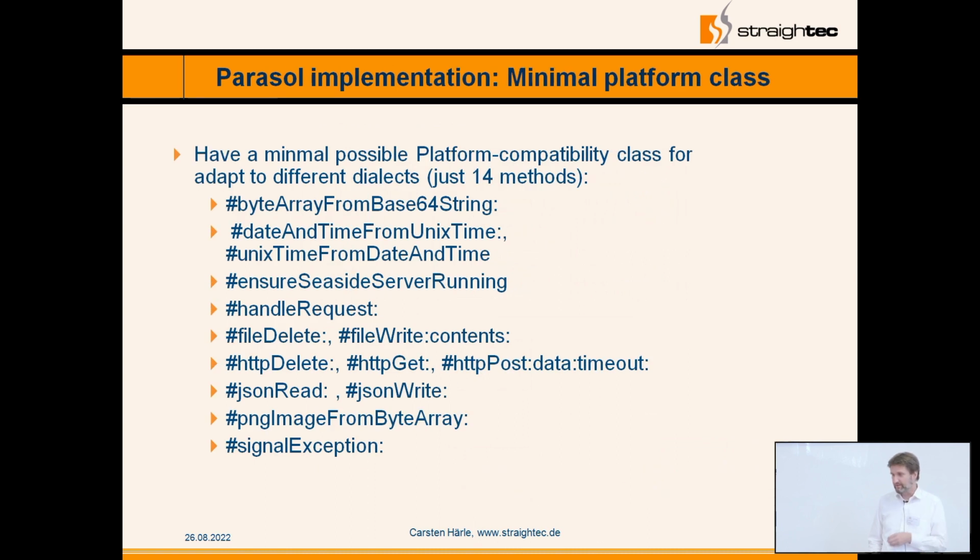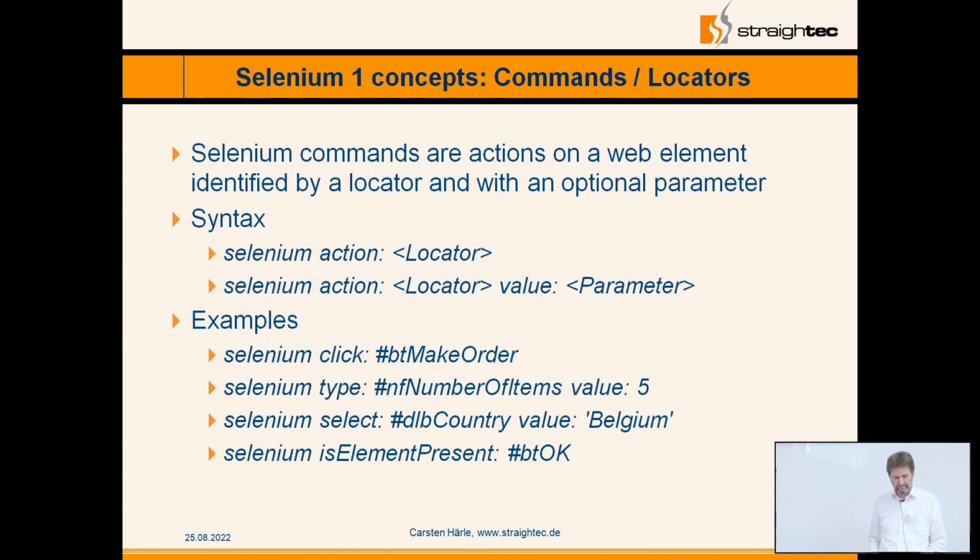Then I simplified the Parasol classes a little bit, so that there are only 14 methods to implement to port it to another dialect. It was much more before. The concept we wanted to use also for the non-programmers is that it is always the same: you say Selenium, then an action, and you give it a locator and a value.